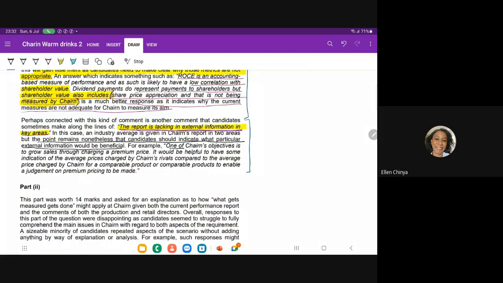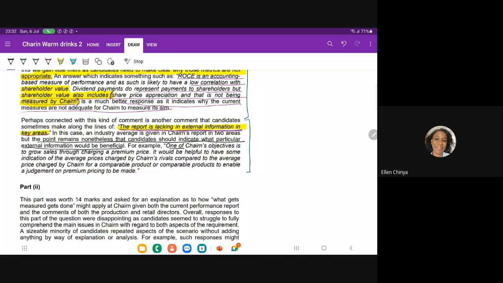And the second part, the report is lacking in external information in key areas, right? So the examiner is saying that, in this case, an industry average was given. But the point remains that candidates should indicate what particular external information would be beneficial.